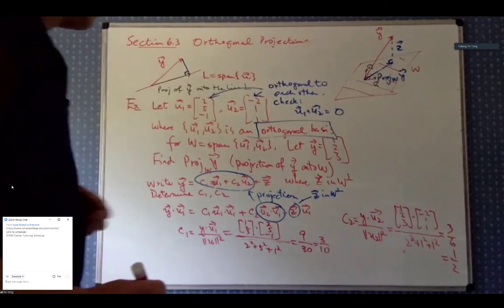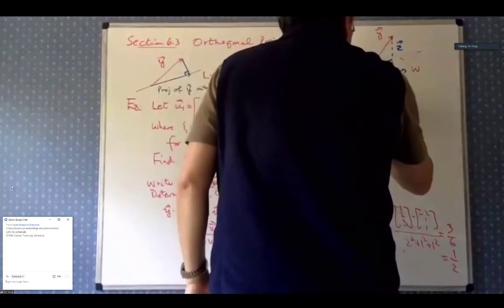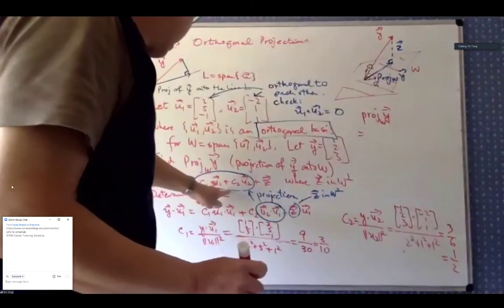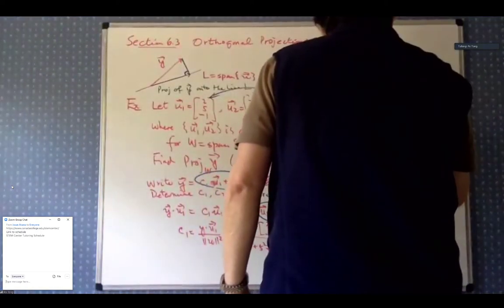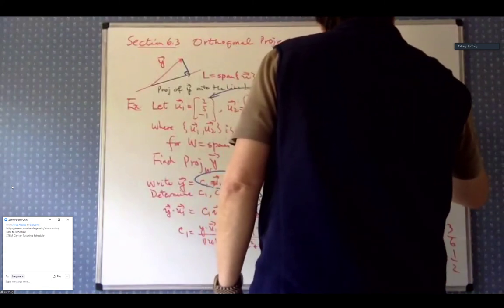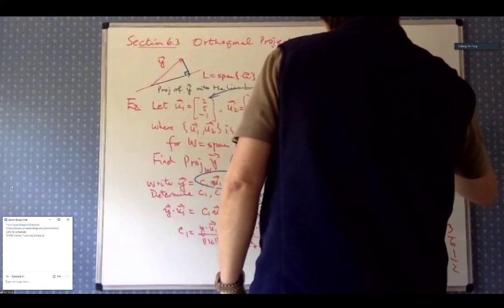So the projection of y onto W is going to be 3 over 10 times U1 plus 1/2 times U2.